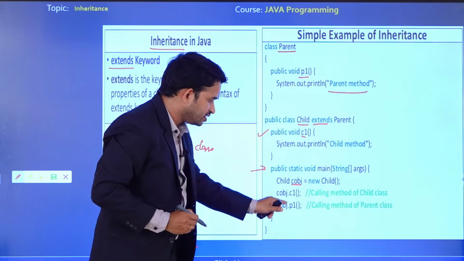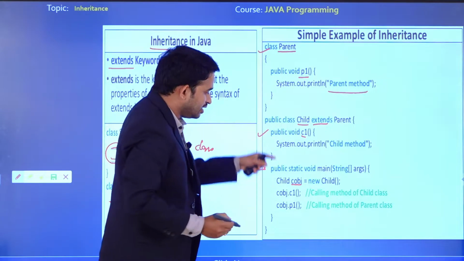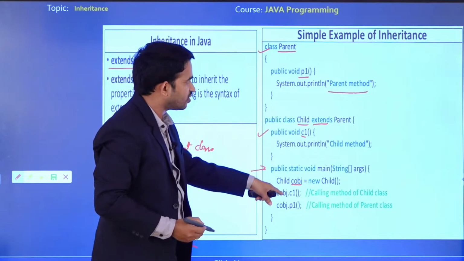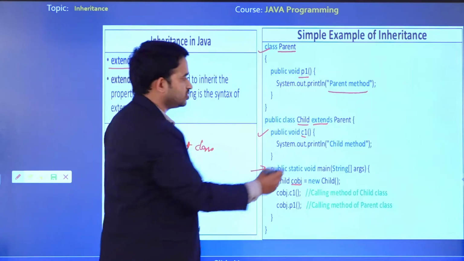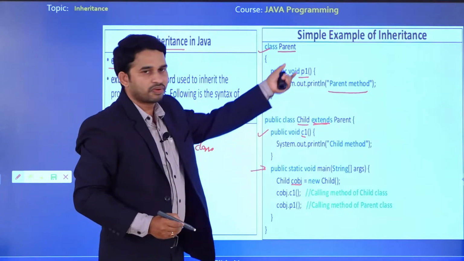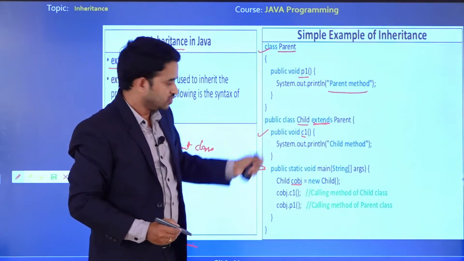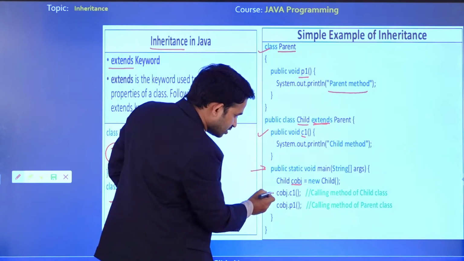Next cobj.P1. P1 belongs to the parent class. But here inside our child class we are calling the P1 method with the help of the inheritance concept by using the extends keyword. So this is a simple example of inheritance. Clear, right? So what answer will we get? First, this method is invoked.